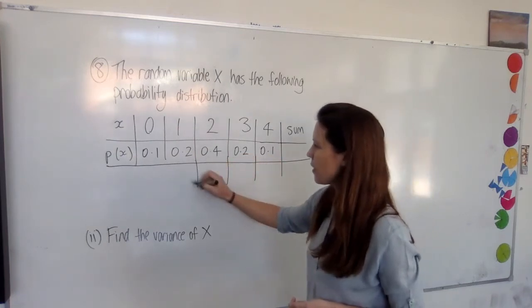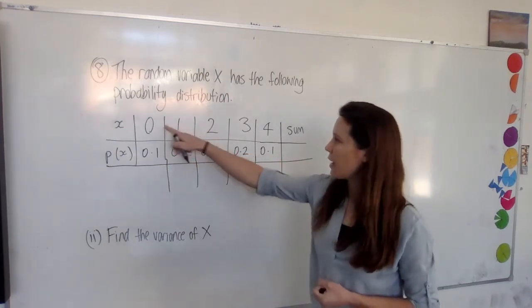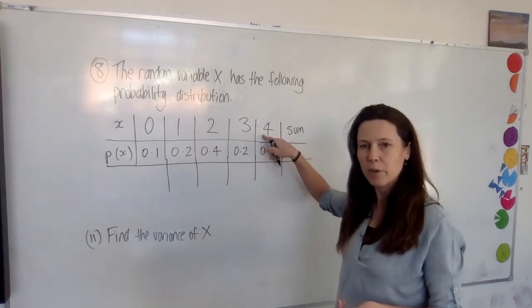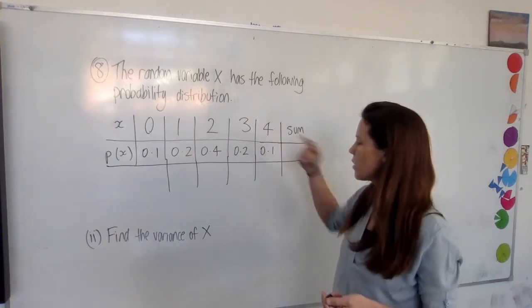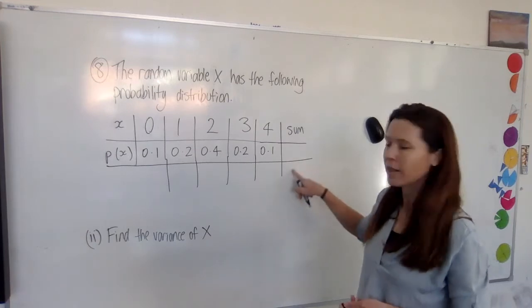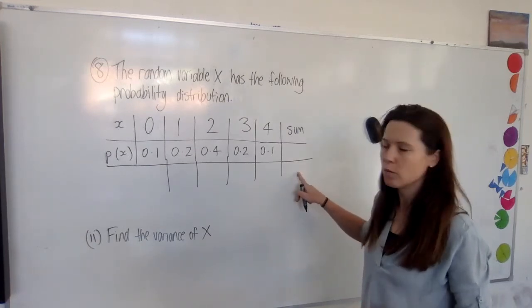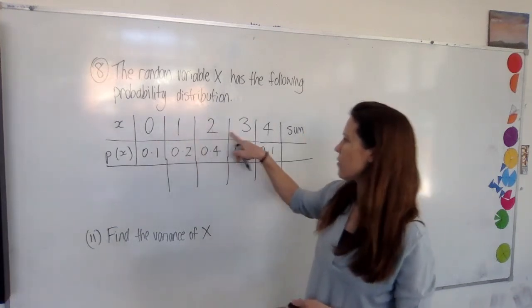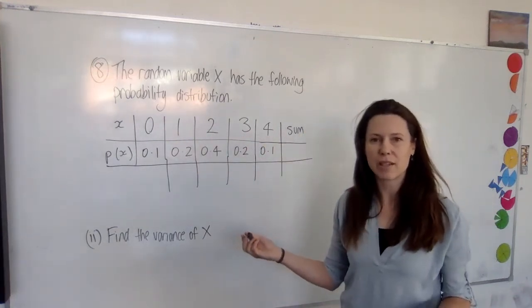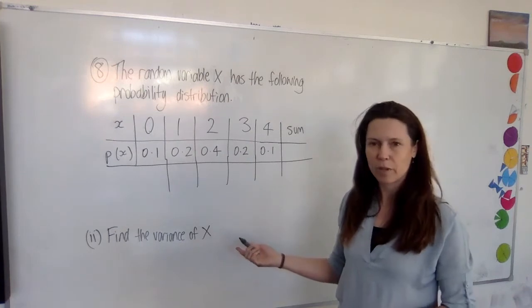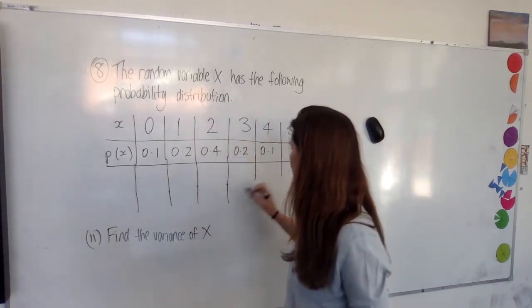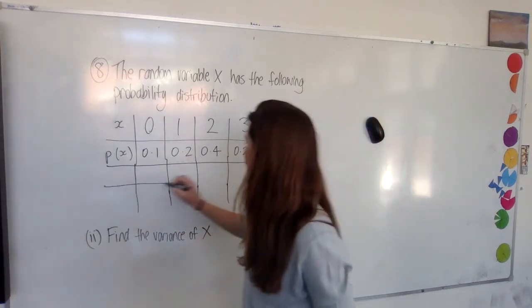Because if the expected value is a whole number and my actual outcomes are whole numbers, formula 1 can be nice and quick and easy. But if the expected value is a fraction or a decimal, the calculations get a little bit complicated, and because these values of x are whole numbers, they're really nice and easy to square. So the second formula, or the alternate formula, is often easier. So I'll need a couple more rows here either way.